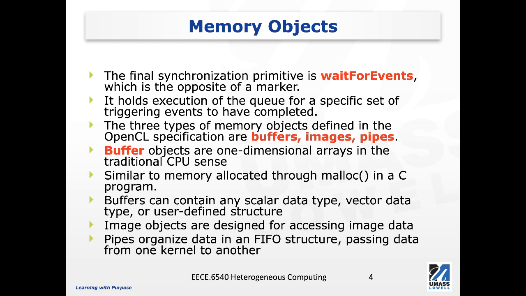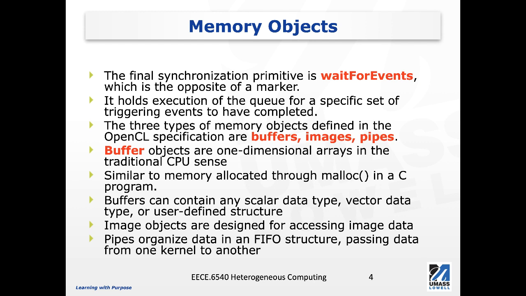These events are in the queues for a device, and the device will take different memory operations, put them into the queue, and perform the corresponding operations. And the memory objects hold the execution of queues for a specific set of triggering events that have completed.